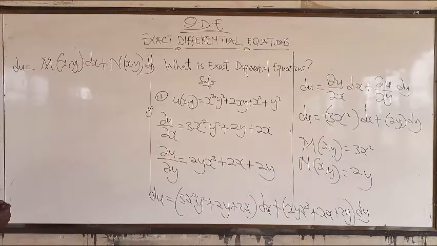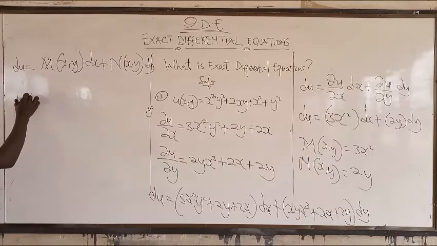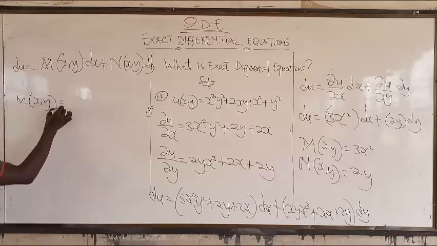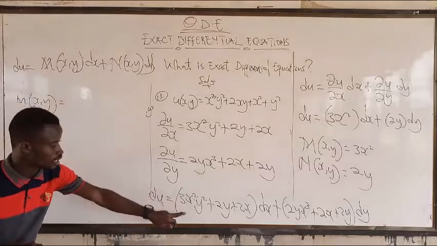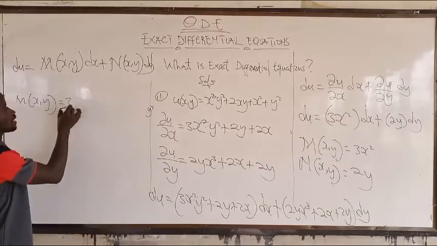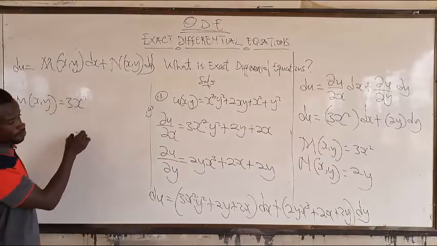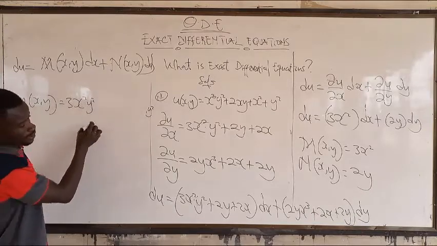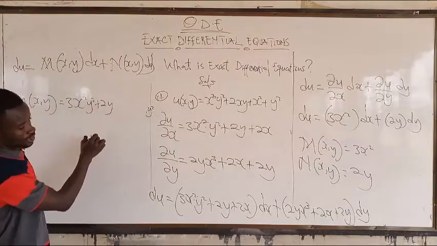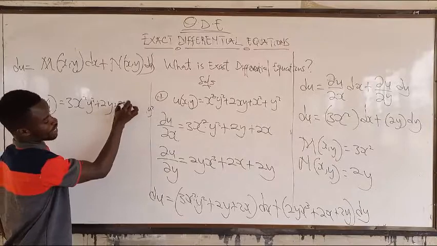Very good. In the same way, the function of x and y multiplying dy is going to be this, which is 2yx cubed plus 2x plus 2y.